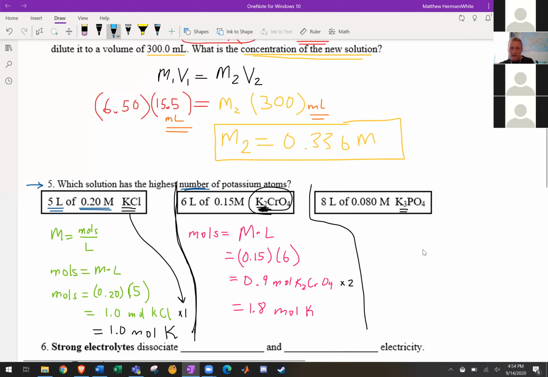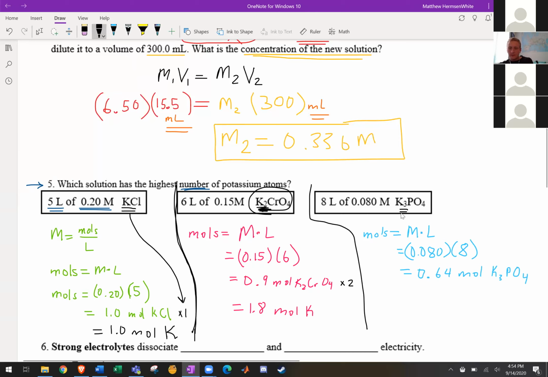And lastly, moving on to potassium phosphate. So moles is equal to molarity times liters. So the molarity of 0.08 times 8 liters, and that will give us 0.64 moles of K3PO4.